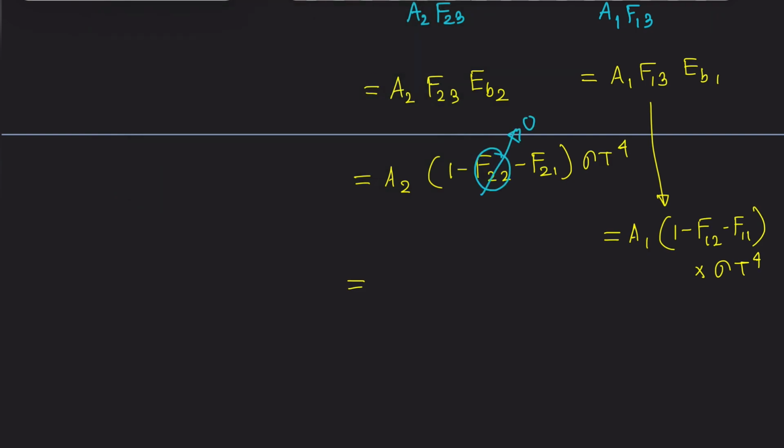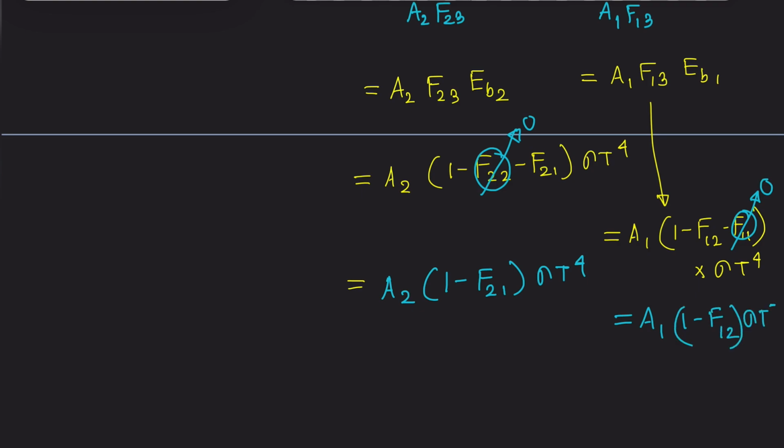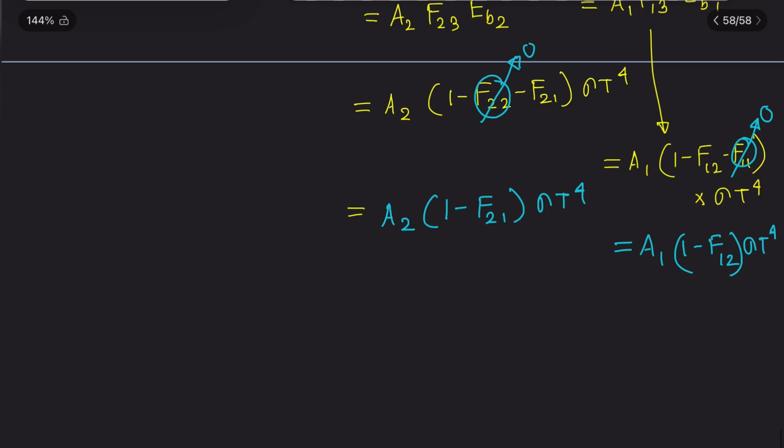F22 is equal to 0 and so is F11. So this will be A2 into 1 minus F21 into sigma T to the power 4, and this will be A1 into 1 minus F12 into sigma T to the power 4. And we know that F21 is equal to F12.